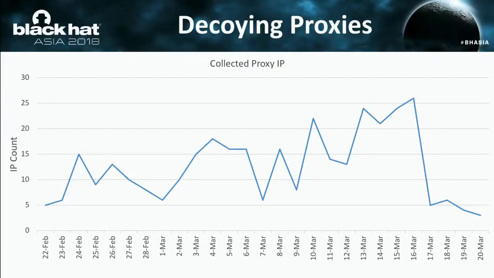This figure shows the count of the unique proxy server IP addresses we can generate for each day. If you take a look at this, you will find that on 16th of March, we got more than 25 IP addresses. And within 1 month of analysis, we got 313 IP addresses of the proxy server, which might lead to takedown of these proxy IP addresses.